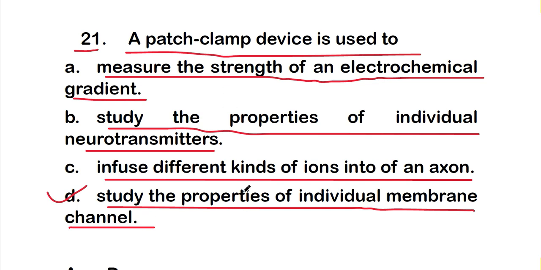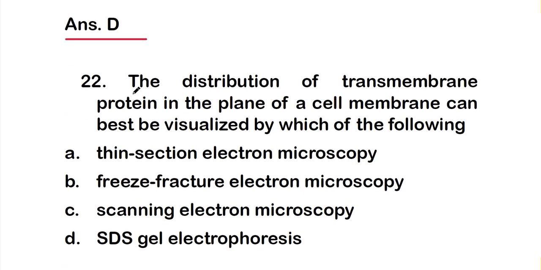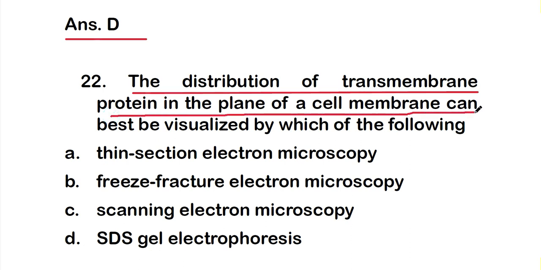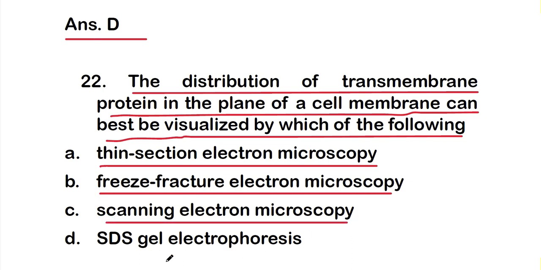Okay, so move on to the next question, question number 22. The distribution of transmembrane protein in the plane of a cell membrane can best be visualized by which of the following? The options are option A, thin section electron microscopy, option B, freeze fracture electron microscopy, option C, scanning electron microscopy, or option D, SDS gel electrophoresis.